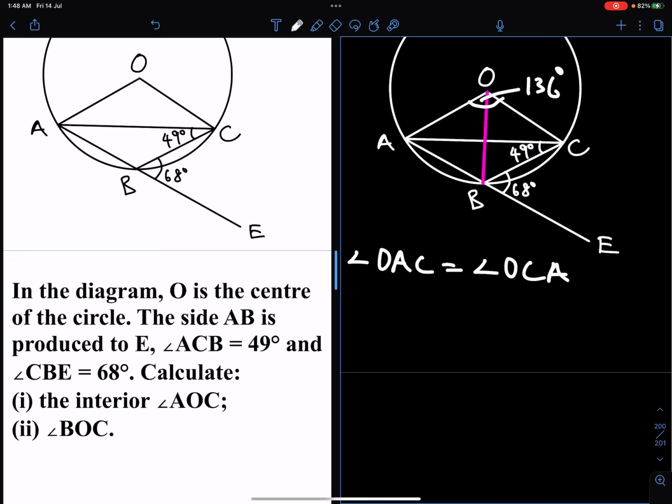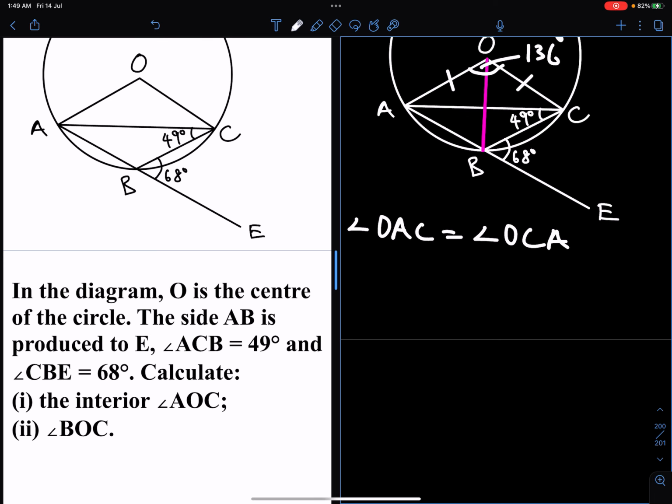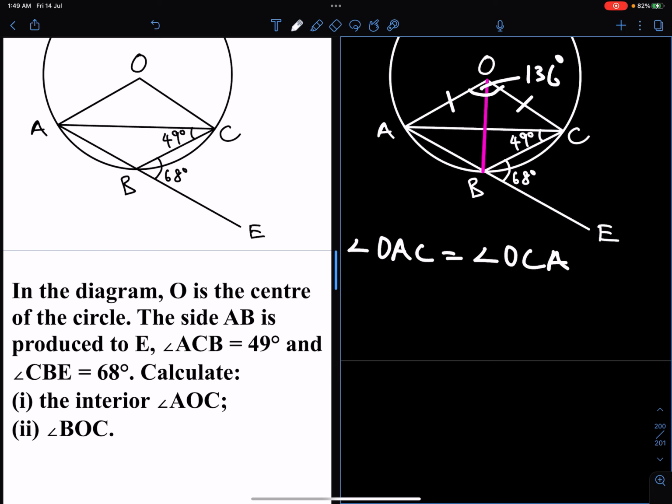And the reason for that is base angles of isosceles triangle AOC. OA is a radius, OC is also a radius. That simply means triangle AOC is an isosceles triangle, and its base angles, which are OAC and OCA, are going to be equal. So angle OAC equals angle OCA, base angles of isosceles triangle AOC.